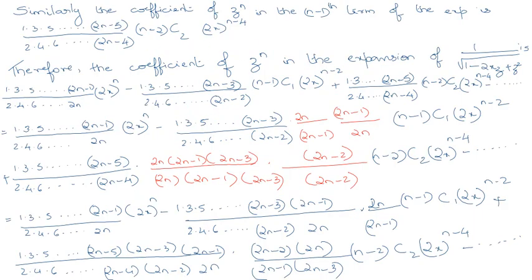So that is written here. Okay, so now we can collect all these terms and write the coefficient of z raised to n in the expansion of 1 by square root of 1 minus 2xz plus z square.